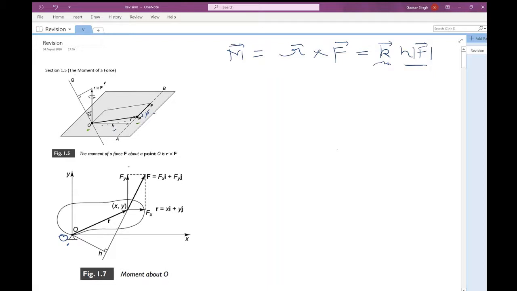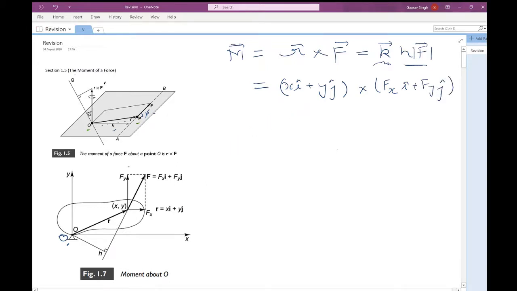Now you can also write this, and you have done this in mechanics several times, if you break down this vector into its components, x i plus y j. How do I know this? From here, cross Fx i cap plus Fy j cap.